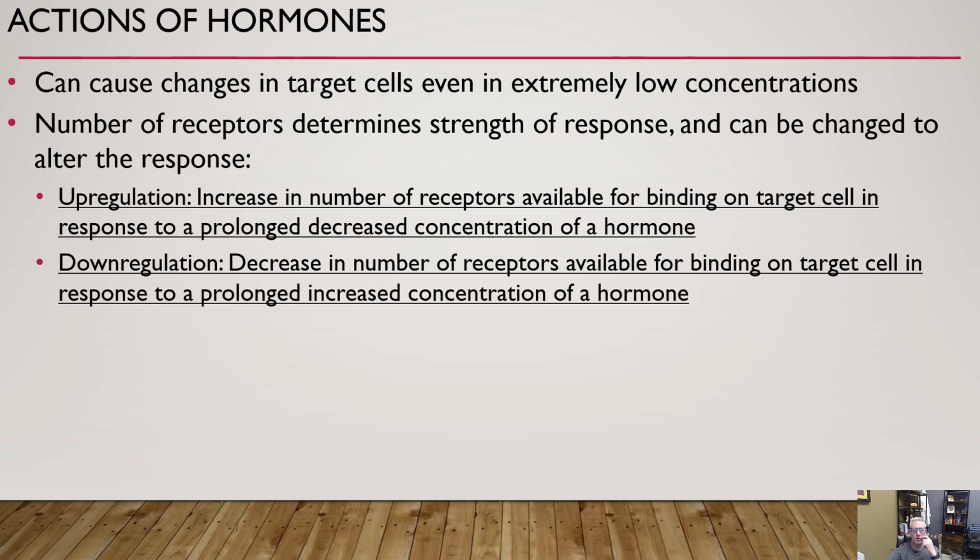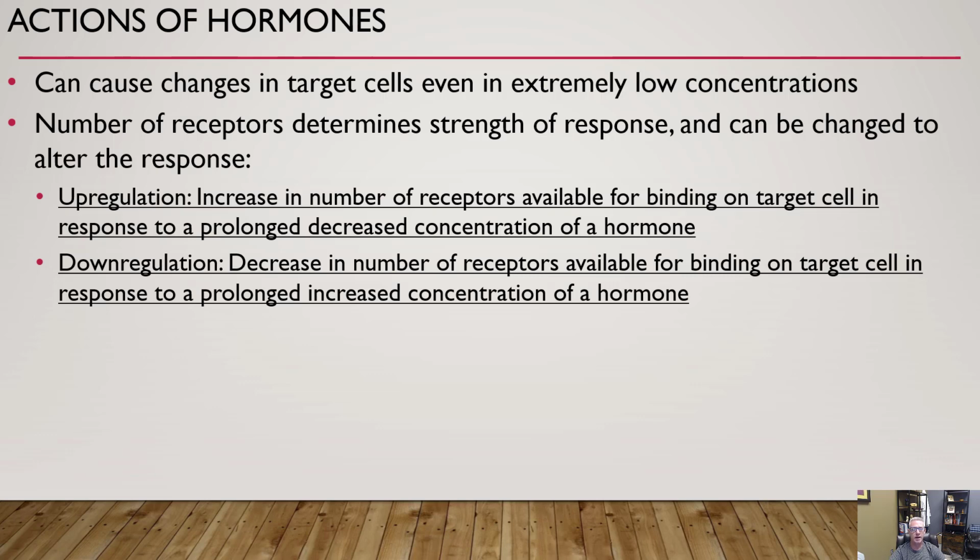Hormones work in extremely low concentrations and cause changes in target cells. So we're going to talk about upregulation and downregulation. The number of receptors determines the strength of response.